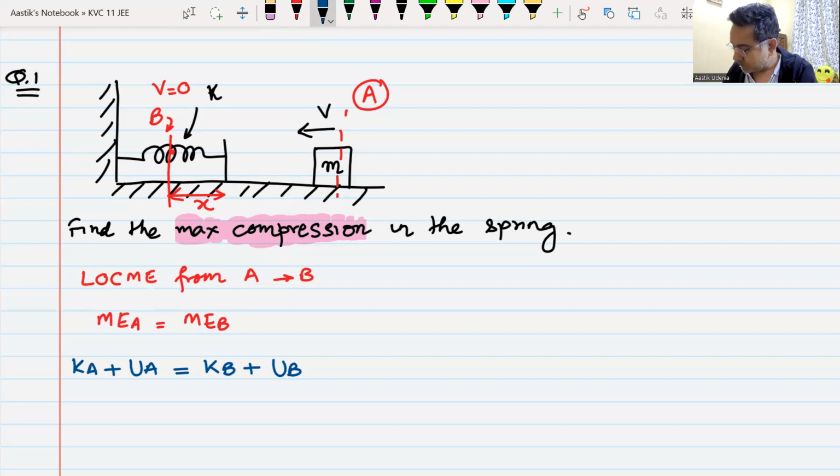Half mv square, plus potential energy. It has two types of potential energy: gravitational potential energy and spring potential energy. At point A, does it have any potential energy? Zero, sir, because for gravitational potential energy, this is the lowest point. It has no gravitational potential energy and no spring potential energy. When I come to point B, what is the kinetic energy at point B?